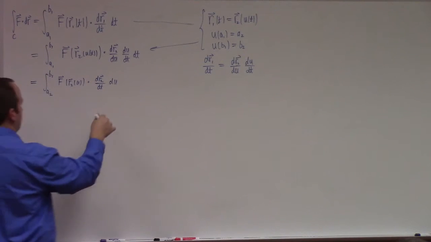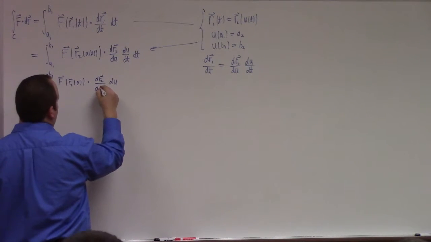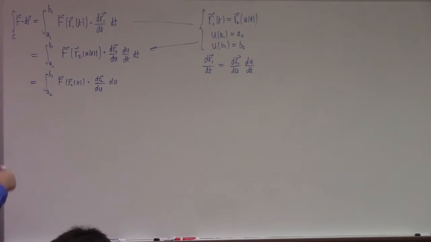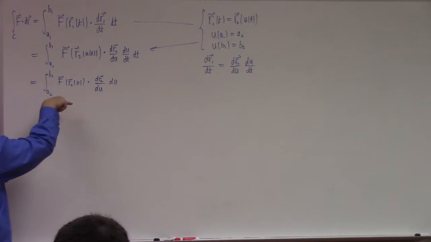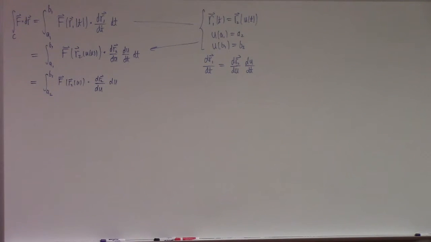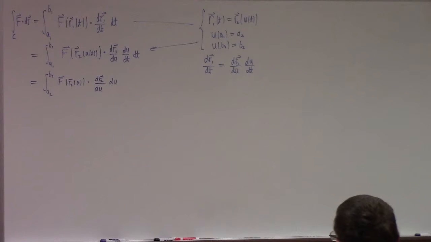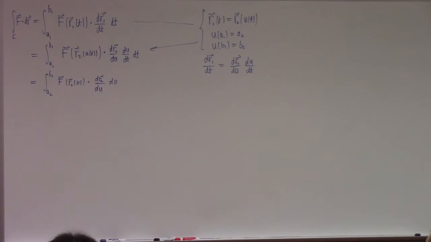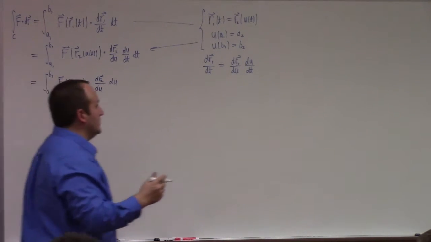The point is that this is, again, the work done, but in the other path, the other parameterization of the curve. Now, I have assumed something about the bounds when I wrote this. What does this assume?